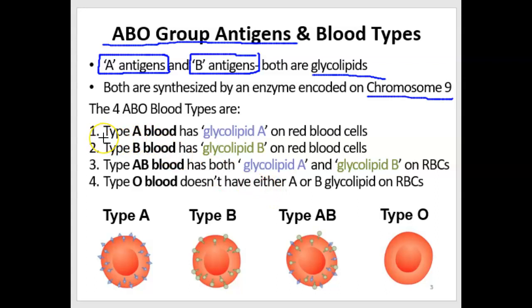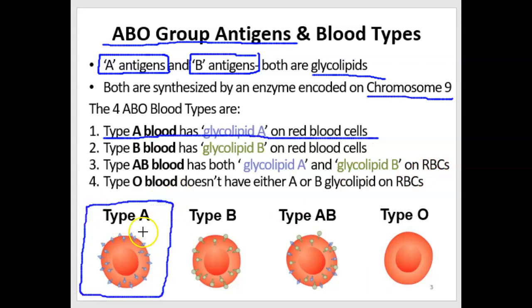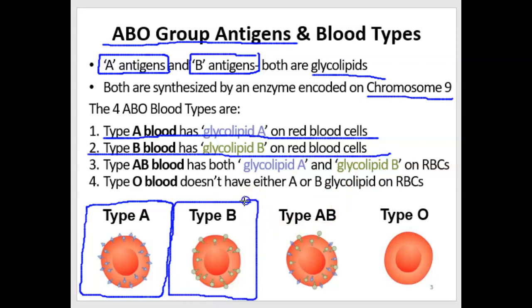So type A blood has red blood cells with the glycolipid A on there. Here's a picture of a type A erythrocyte with A antigens. Type B blood has glycolipid B on its surface. Here's a picture of an erythrocyte with B glycolipids or B antigens on its surface.